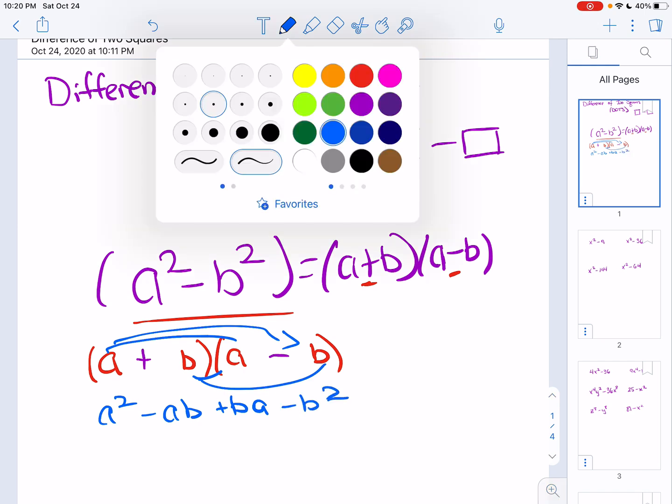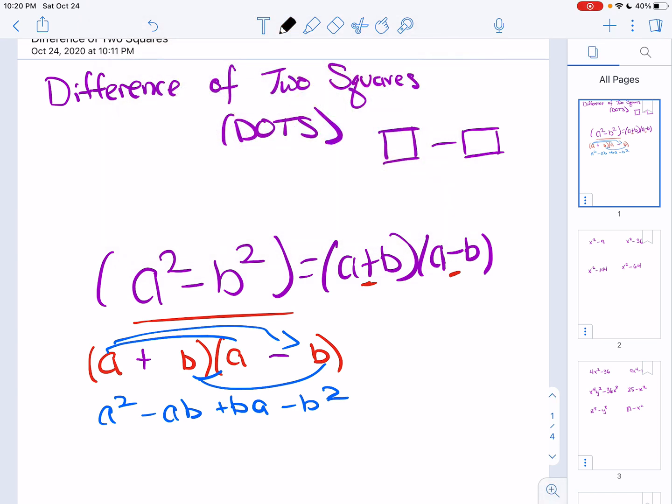Now if you take a look, the two middle terms, the negative ab and the ba, when you add them together, they're like terms, so we can just cancel them out. So we're left with a squared minus b squared. The whole point is that we need that middle term to cancel out, so we're left with something with only two terms.